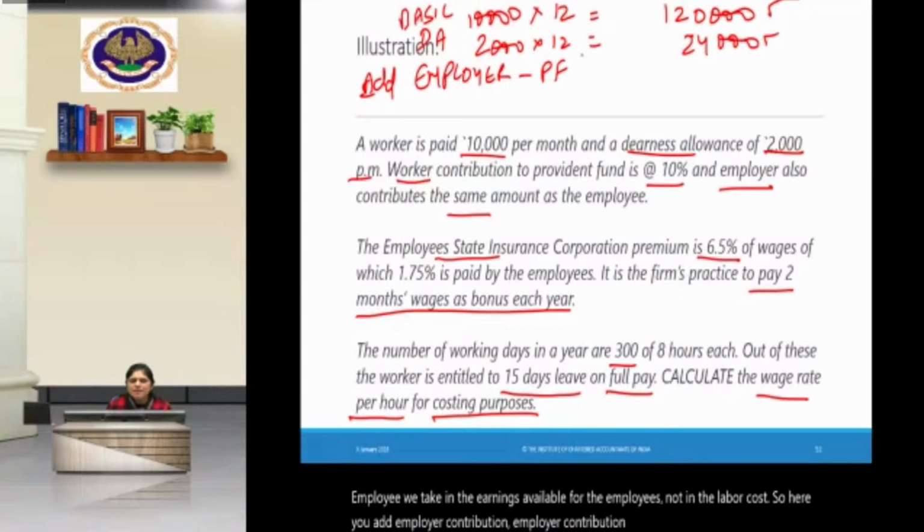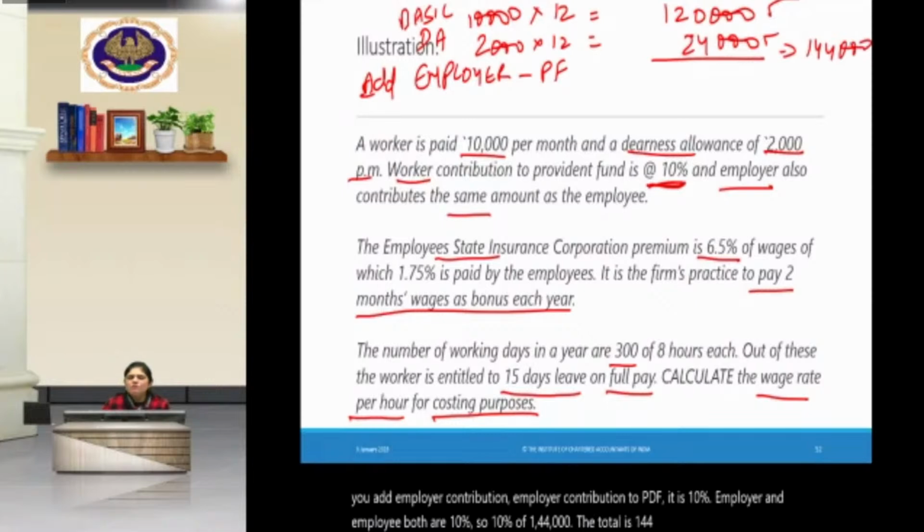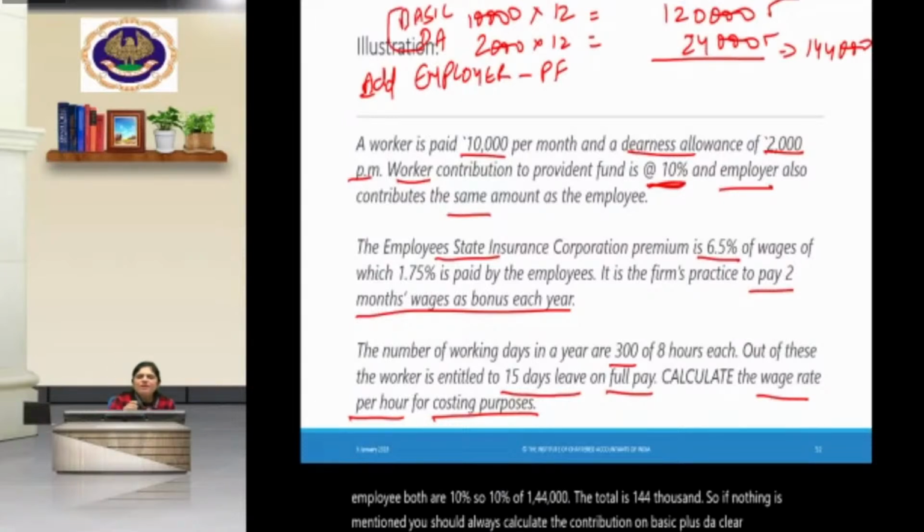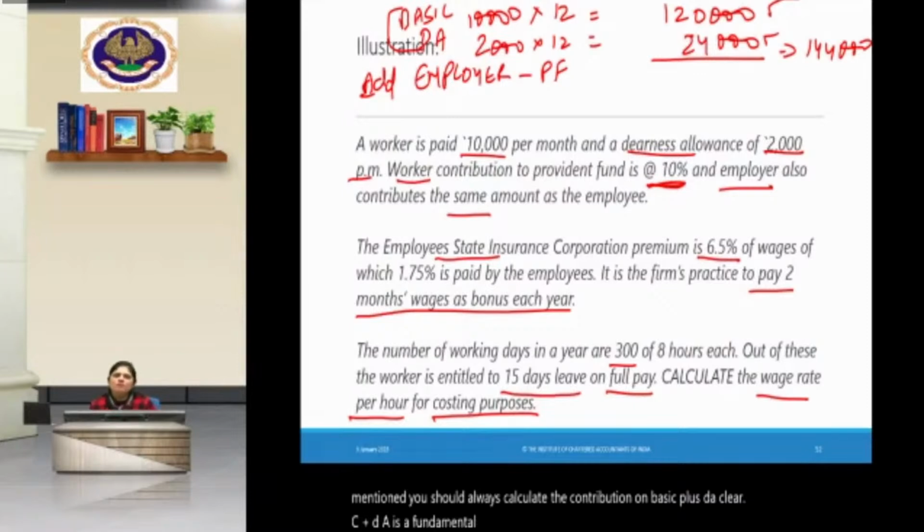to PF. It is 10%. Employer and employee both are 10%. So 10% of 1,44,000. The total is 144,000. If nothing is mentioned, you should always calculate the contribution on basic plus DA. Clear? Basic plus DA is a fundamental element of the cost.